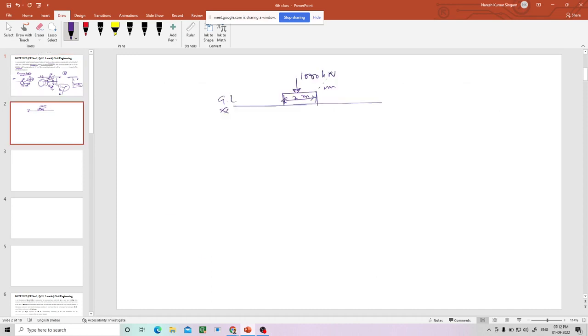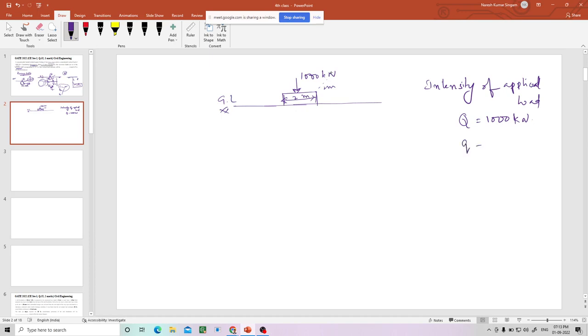Here, what is the intensity of the applied load? Here it is given in terms of concentrated load.